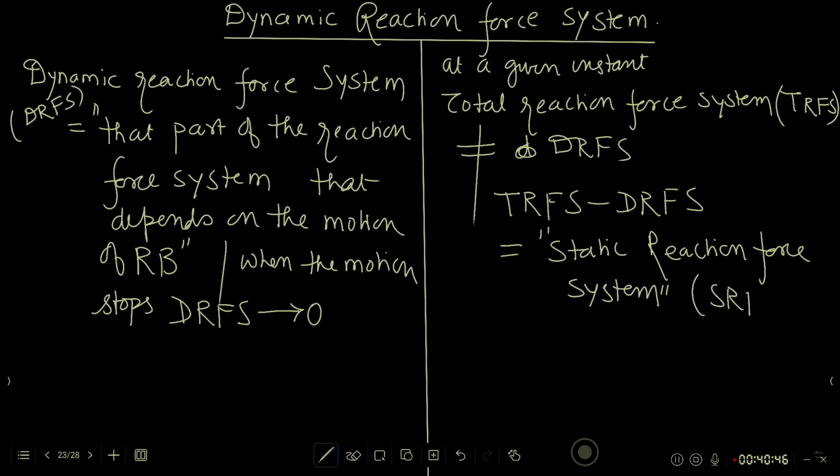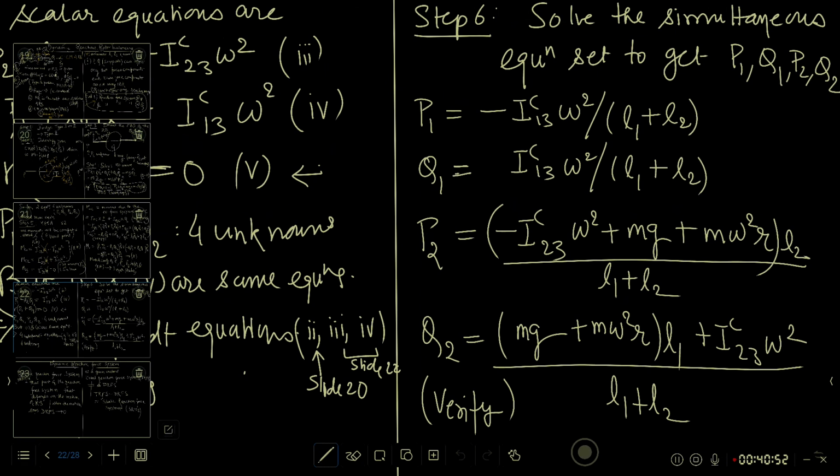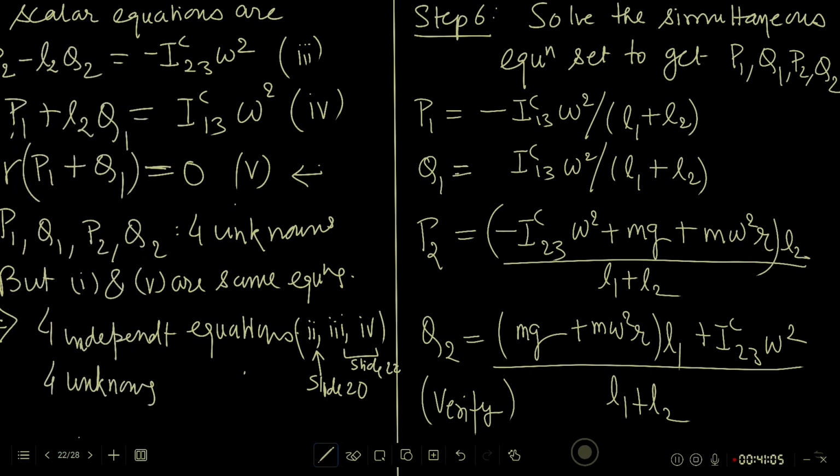In the last problem, what did we find? P1, Q1, P2, Q2. There are four forces, and these four forces make a force system. They make a reaction force system, right? Because they all are coming from the reaction generated at the supports, right?